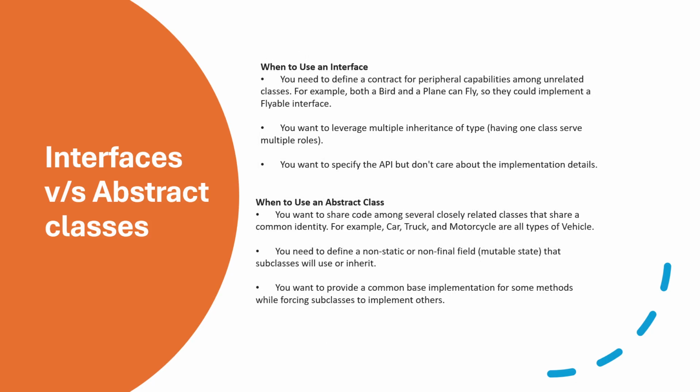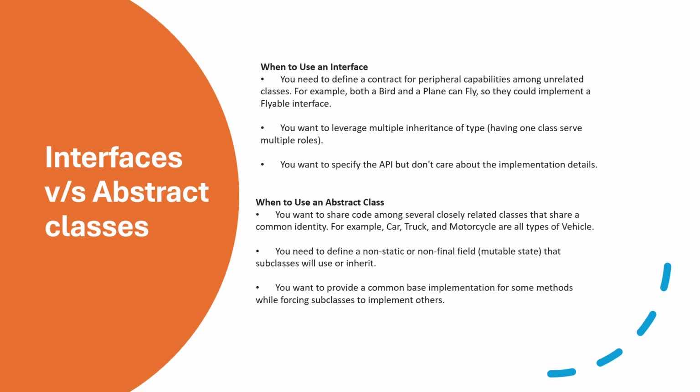Now, when should we use an interface and when should we use an abstract class? We choose an interface when we need to define a contract for peripheral capabilities among unrelated classes. For example, both a bird and a plane can fly, so they could implement a flyable interface.